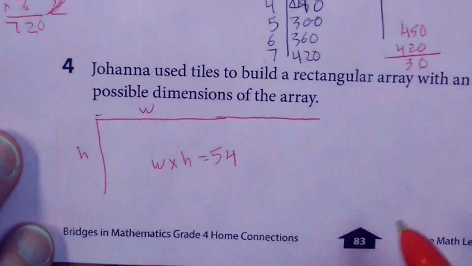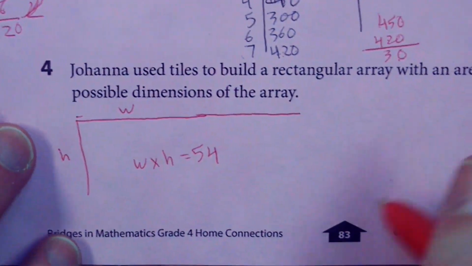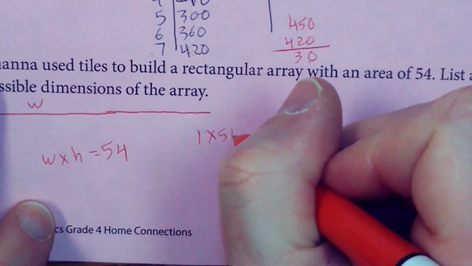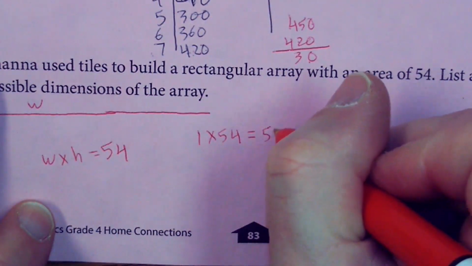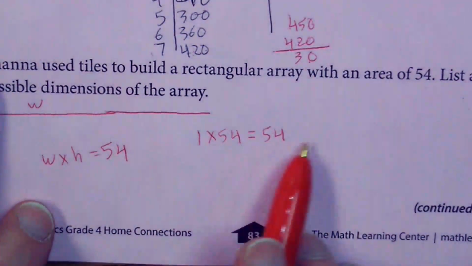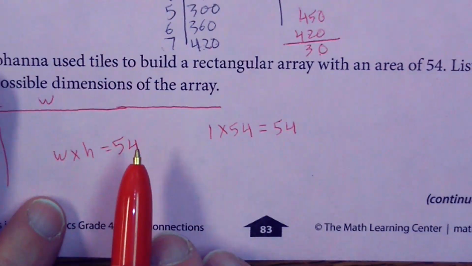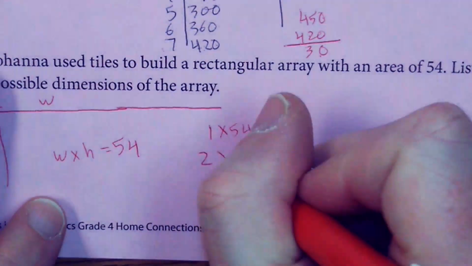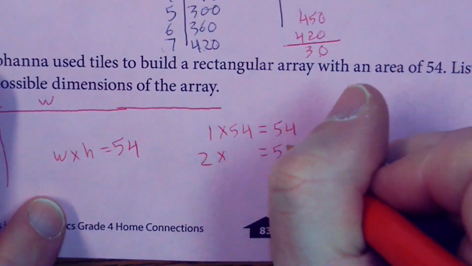What dimensions will give me a 54? Well, we know that 1 times 54 is 54. Always start with that factor pair. That's a guarantee. We also know that this number is even, so I can take 2 times some number to get 54.